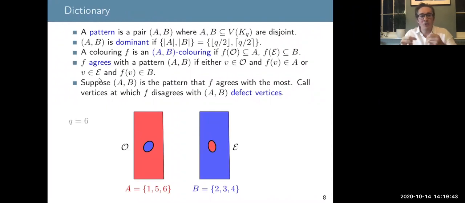And I'll call those vertices that disagree with f the defect vertices of this coloring. So again, it's best just to look at a picture. Here we see we're globally agreeing with this pattern A, B, but we have these defect vertices that are going against the grain.